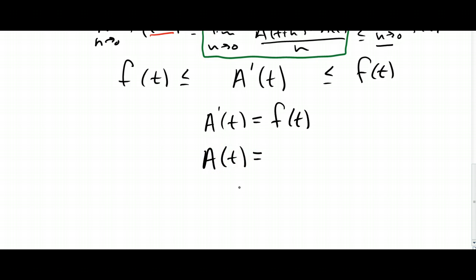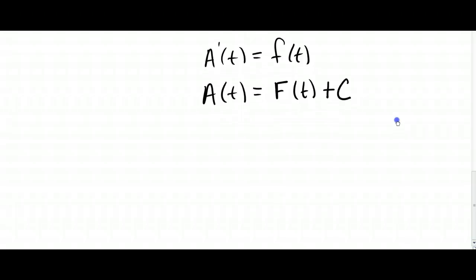And from what we saw in the previous section, the antiderivative of f of t is capital F of t. Now, because we took that antiderivative, we do have our plus c. Because if I derive it to check, sure enough, the derivative of a of t is a prime of t. The derivative of capital F of t is f of t. And the derivative of a constant is 0, so we're okay.